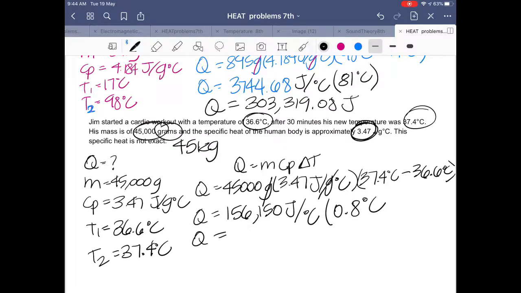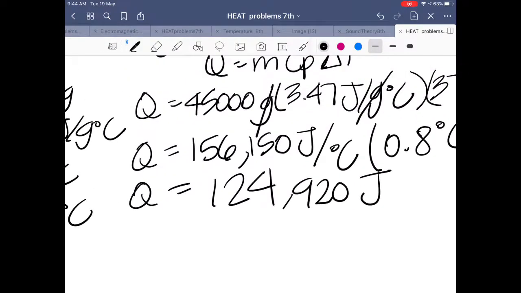So heat equals 0.8 degrees Celsius times 156,150, and it's 124,920 joules.